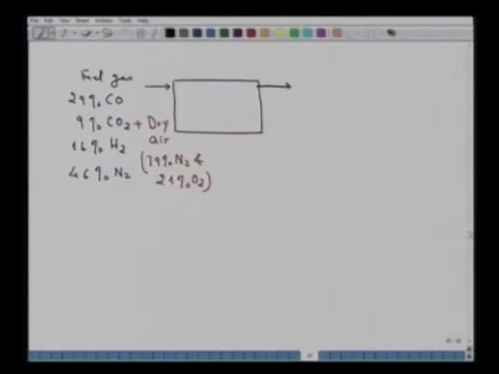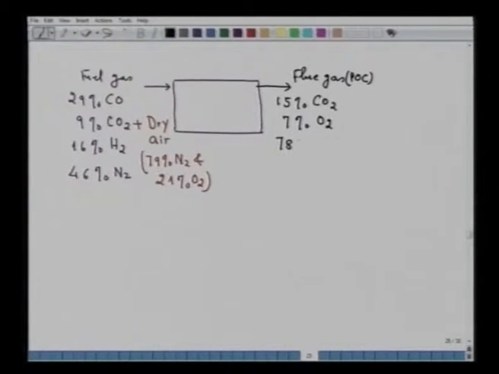Then in the output, say we have flue gas. Note the difference: the fuel gas is something which burns, and the flue gas is the products of combustion. You can write products of combustion or flue gas, whatever you are comfortable with. So, flue gas is also called POC, and it is given as, say, 15% CO2, 7% oxygen and 78% nitrogen.